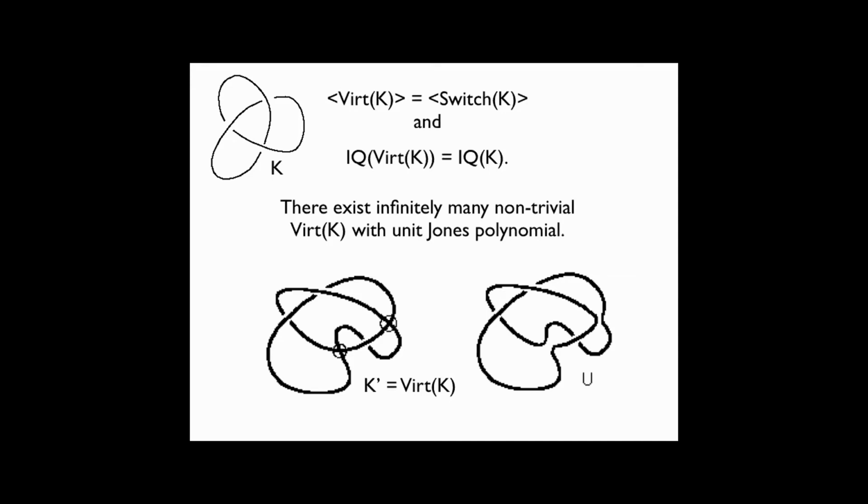If it were equivalent to a classical knot, we would all be very excited, because no one has ever found a classical knot with unit Jones polynomial. The conjecture is that there aren't any classical knots with unit Jones polynomial that are knotted. May be true.